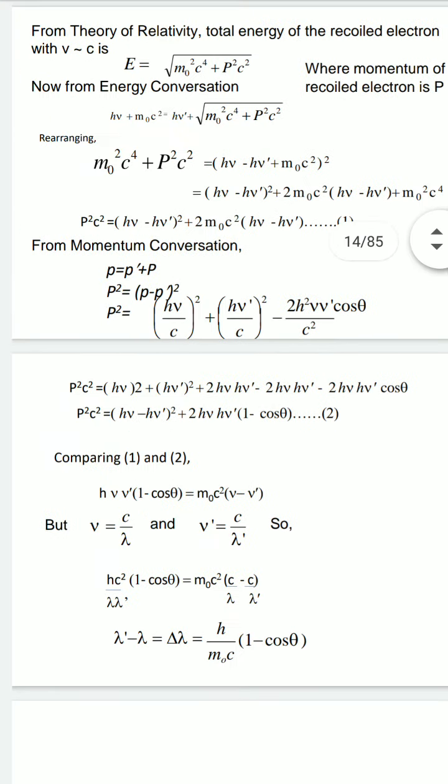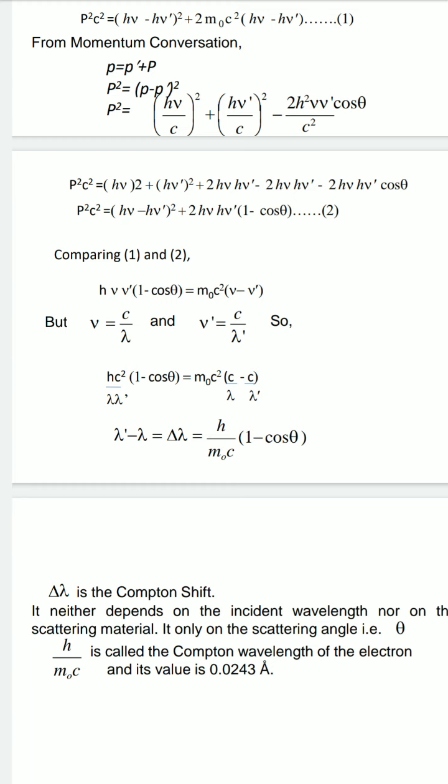Now we substitute nu as c by lambda and nu dash as c by lambda dash. We know that velocity by wavelength gives the frequency. Substituting that, you will get h c square by lambda lambda dash into 1 minus cos theta is equal to m0 c square into c by lambda minus c by lambda dash.